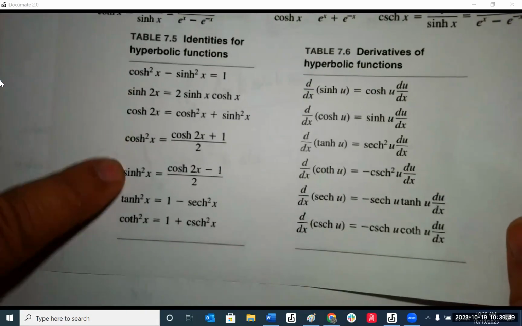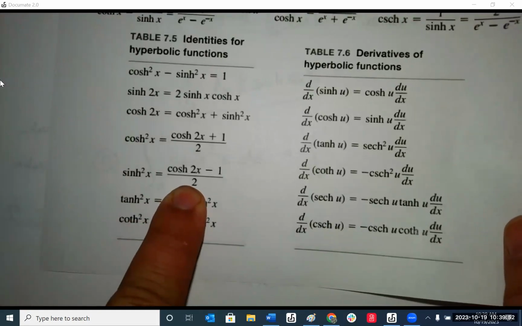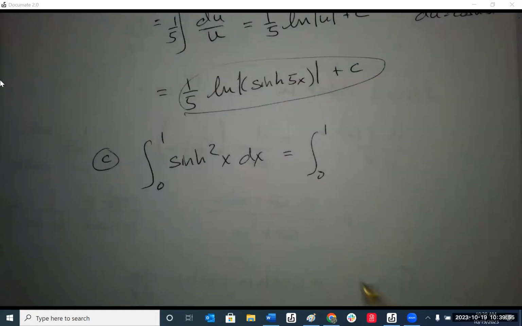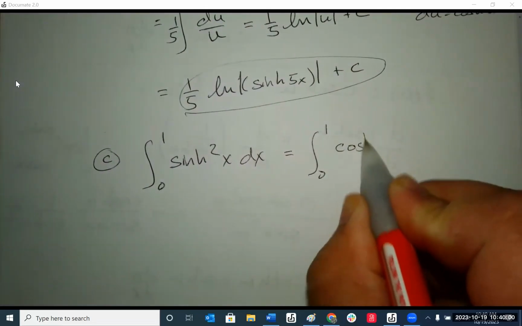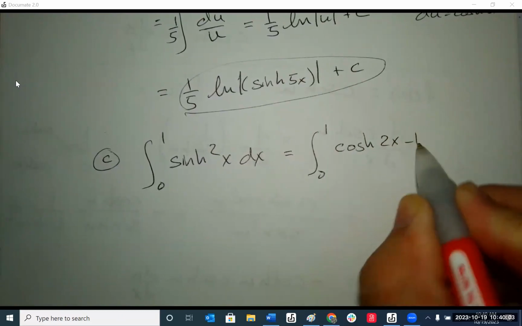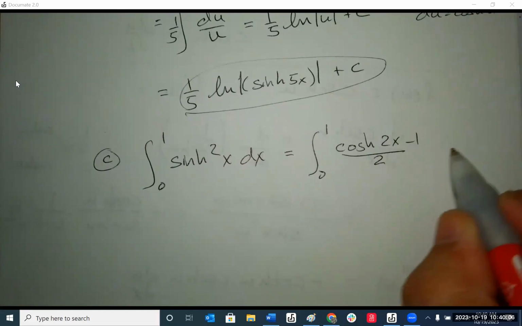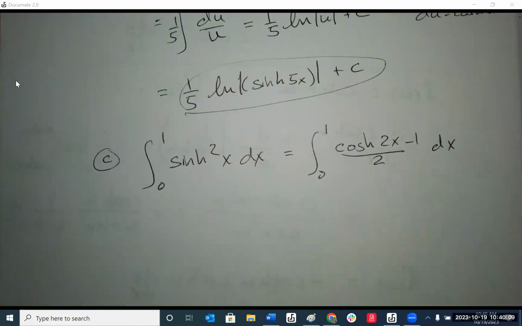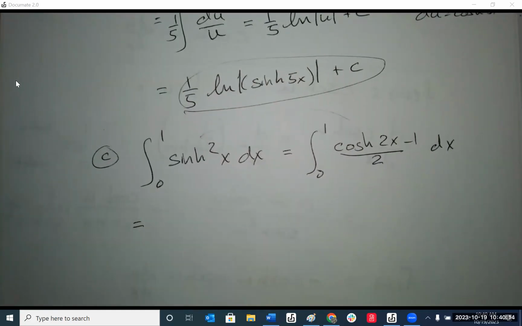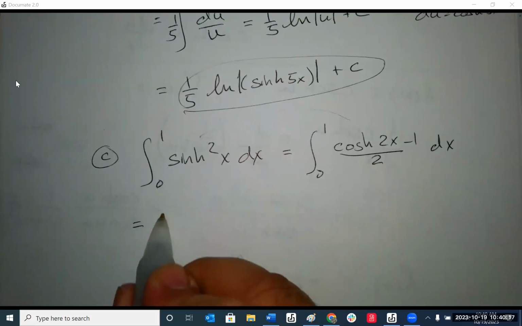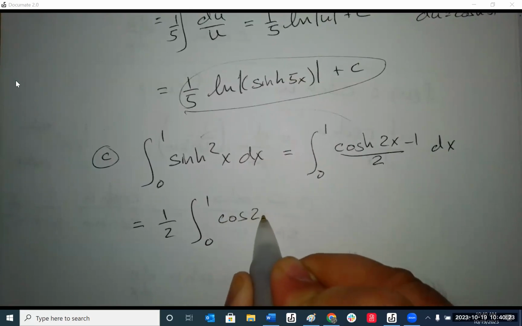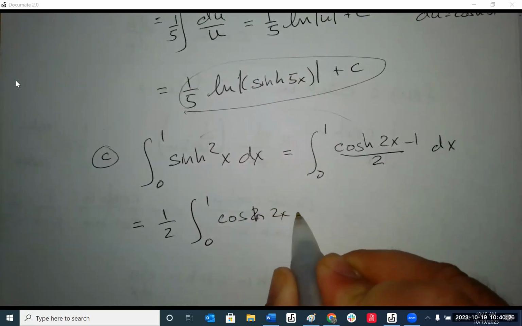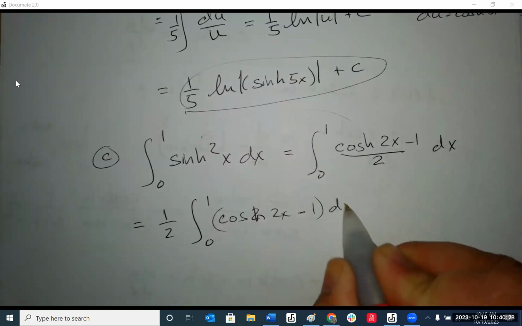We have sine squared here, so we can use that function, the double angle hyperbolic. So it's going to be cosine hyperbolic of 2x minus 1 over 2. I use my table just to convert that. It's over a constant, so take that outside. So I'll just have to worry about cosh of 2x minus 1 dx.